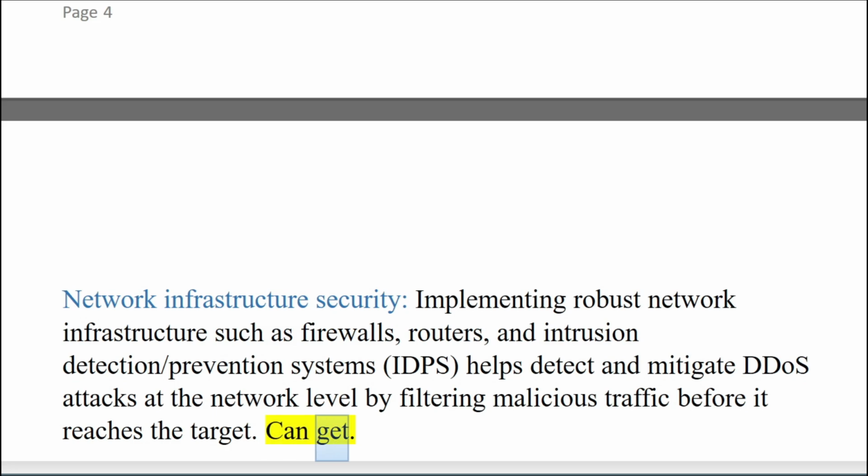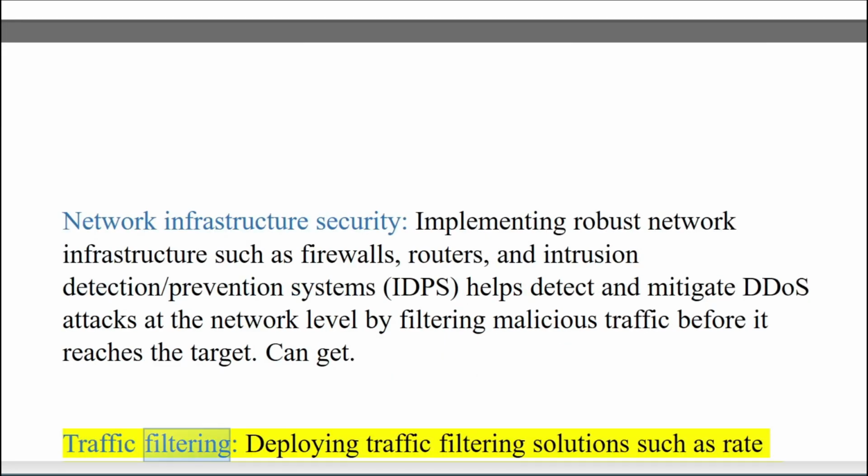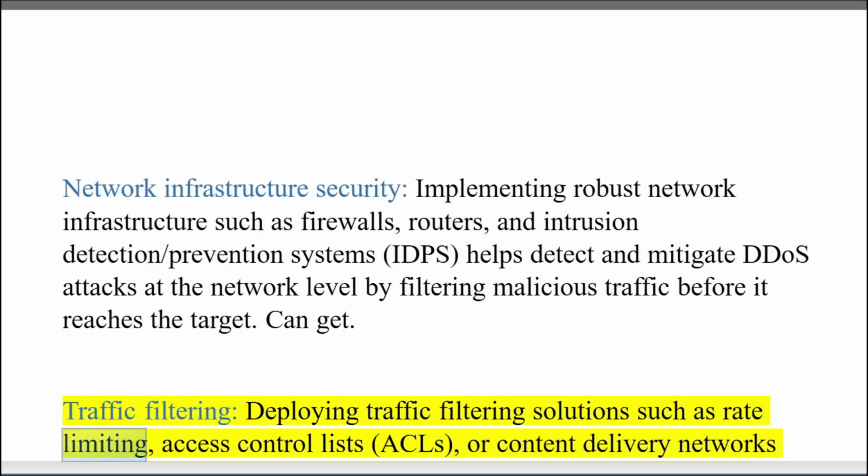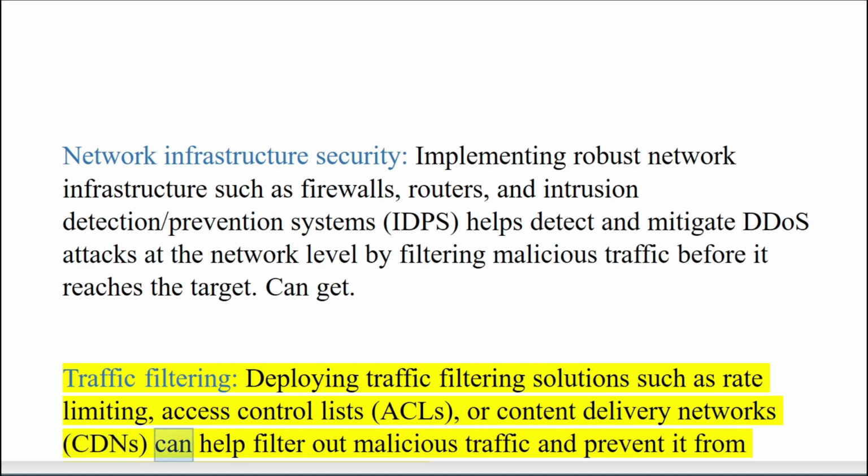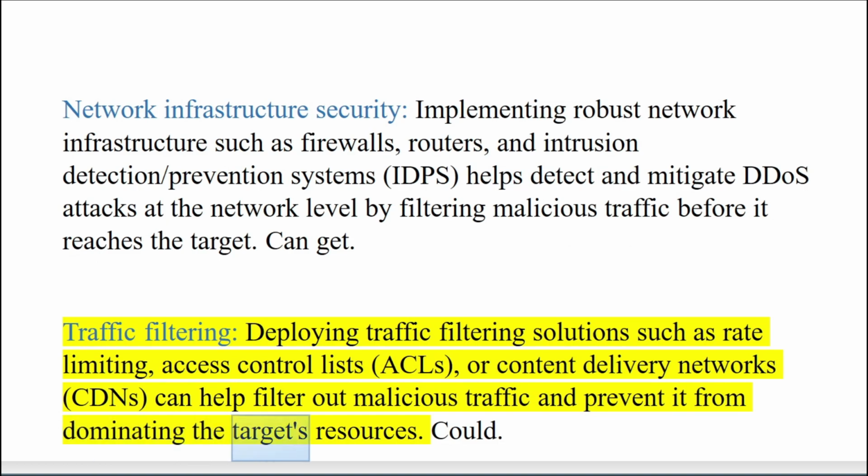Traffic filtering. Deploying traffic filtering solutions such as rate limiting, access control lists, ACLs, or content delivery networks, CDNs, can help filter out malicious traffic and prevent it from dominating the target's resources.